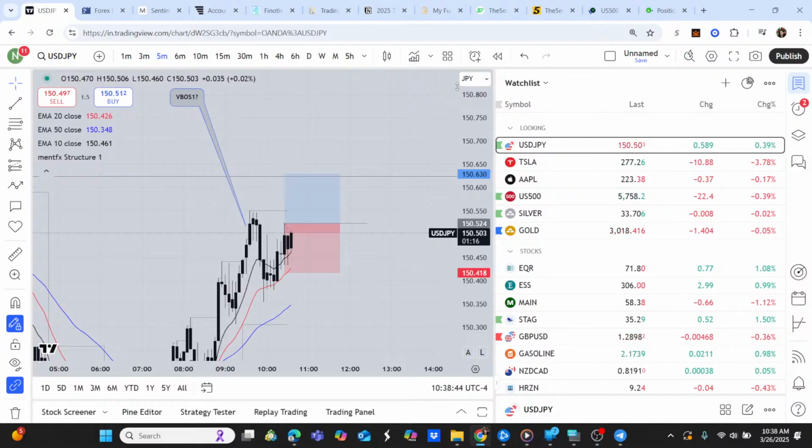Pushing. Maybe I should have just set the buy stop. My fingers are tired, hovering over the buy button.